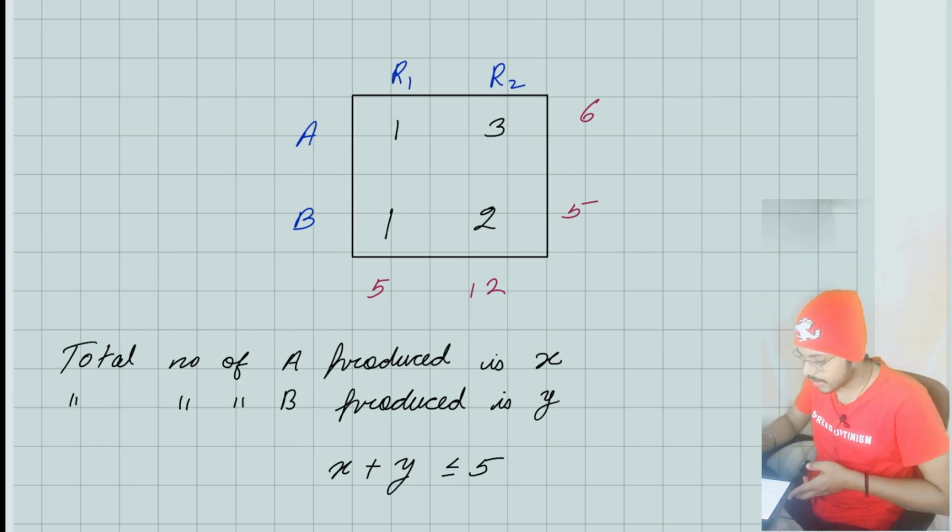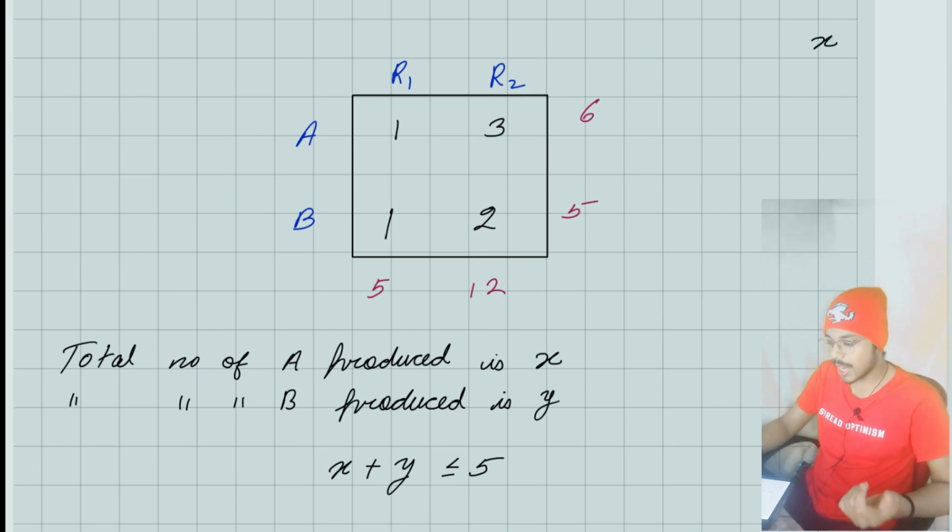You see here, this is R1, A takes R1, B takes R1, resources. So if the total number of products of A is X, then how much R1 is used? 1. So if, suppose, 2 units of A are produced, then 2 units of R1 will be used.